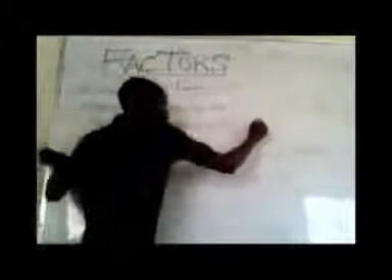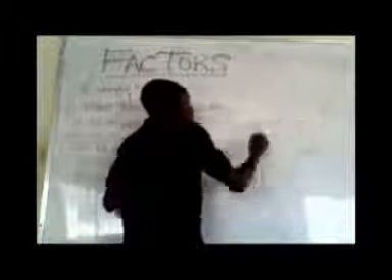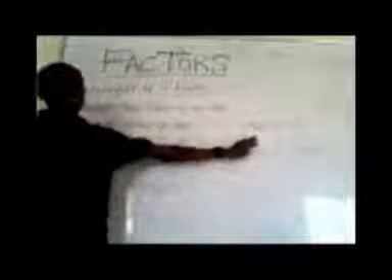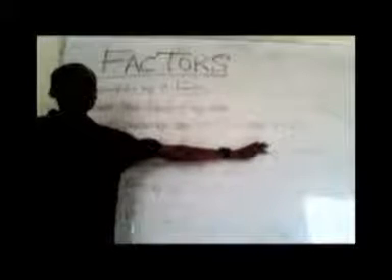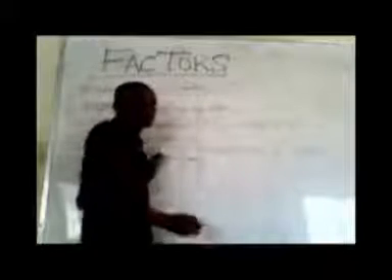There is nothing that you can multiply with 3 that will give you 20. Let's try 4. 4 times 5 is actually 20, which implies that 4 and 5 are actually factors of 20.